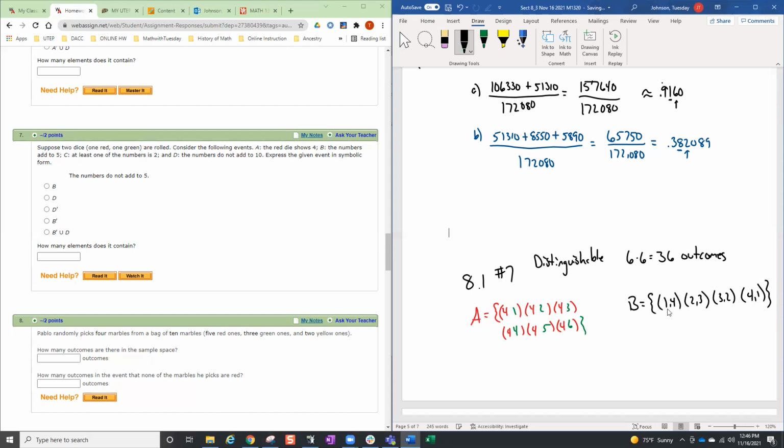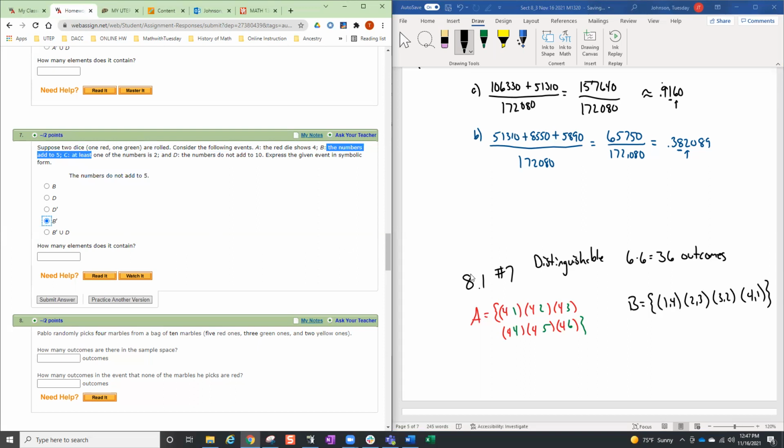Because they're different, I could have written these in red and green, but we get the Christmas message here. It's a red and green die, they're different. This wants the numbers do not add up to 5. Well, that's the opposite of B. The numbers do add to 5. So that happens to be just the opposite.